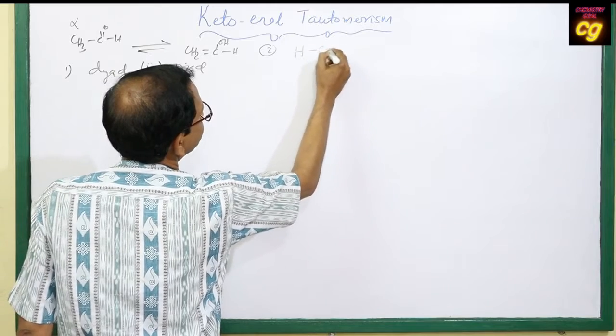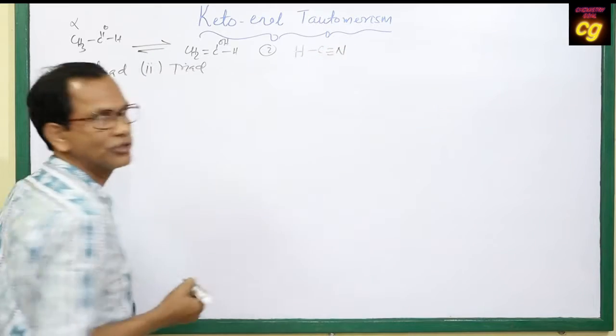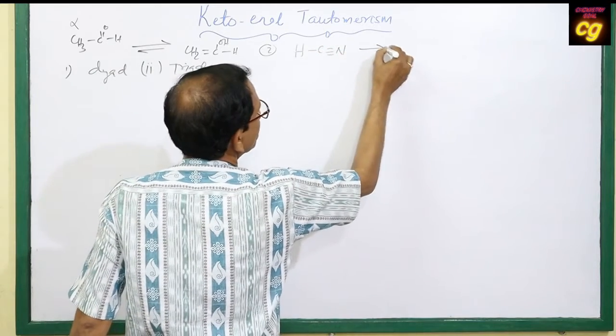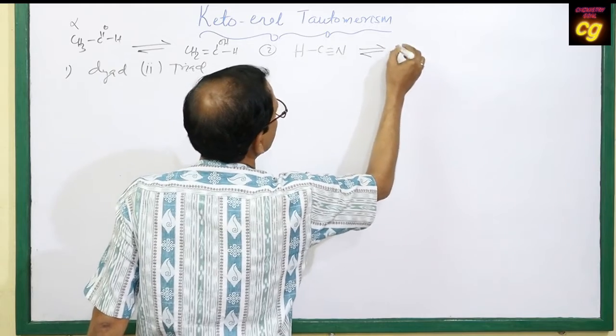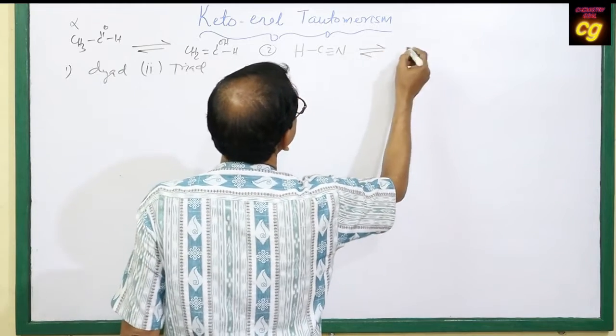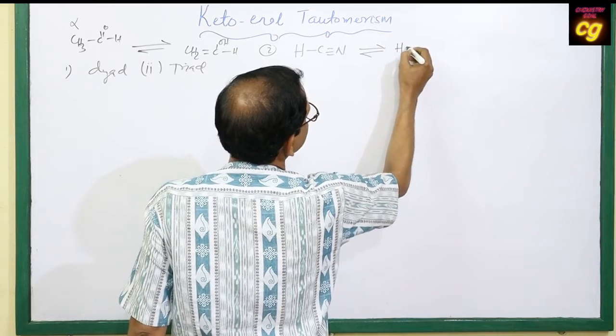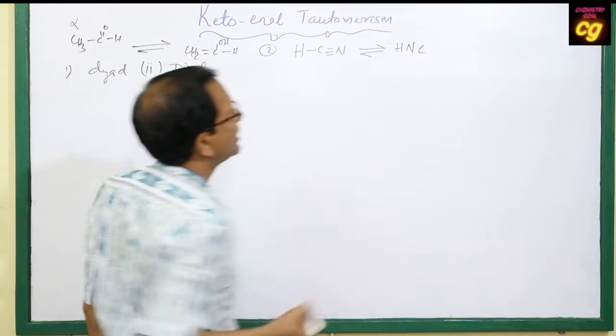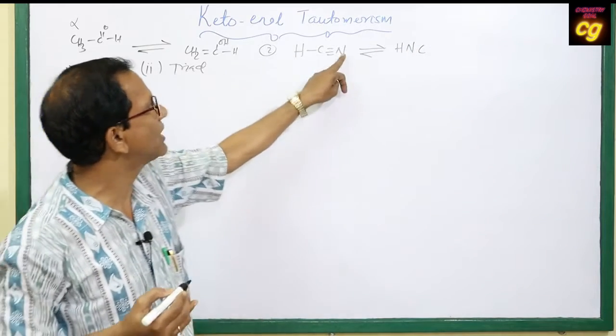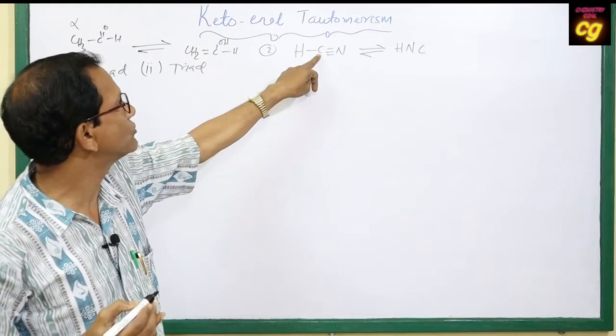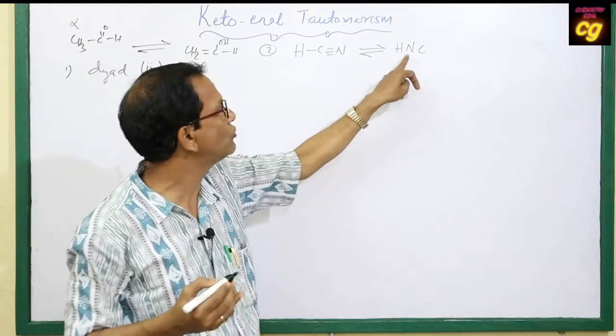Suppose hydrogen cyanide, HCN, exists in dynamic equilibrium with HNC. Here hydrogen shifted to nitrogen. Here hydrogen is attached to carbon, there hydrogen is attached to nitrogen.